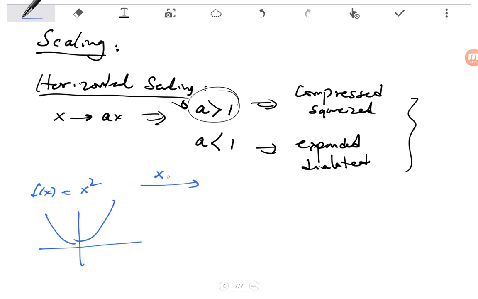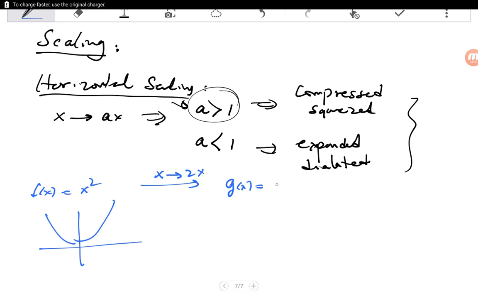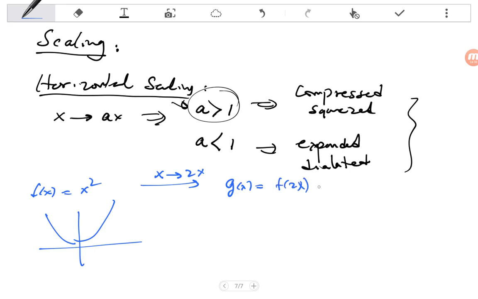Now, if I replace every x with 2x, what will be the new function? g of x, which is f of 2x, will be 2x all squared. What is the graph of 2x all squared? I have just noticed that x is replaced with a number times x.